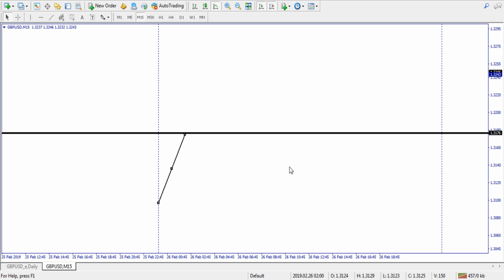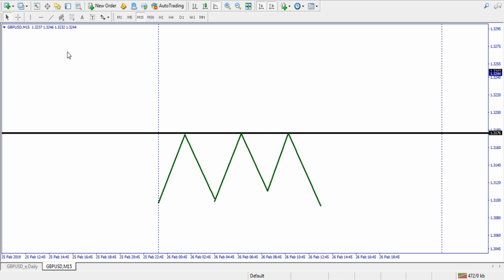You notice the price goes to a level, bounces from that level to the other side, comes back again to the same level, but does not do anything. Then it comes back to the same level again, but does not do anything. So the place where the price is bouncing from is a very good resistance and a sell place. This was a very good resistance and sell place, and this was also a very good resistance and sell place.